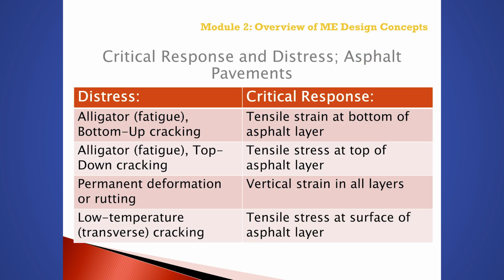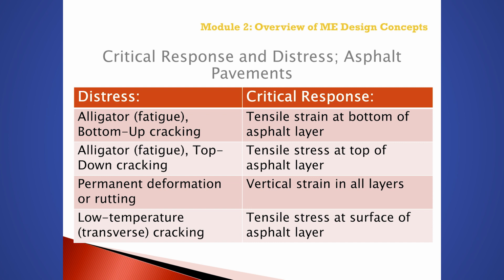In summary, the critical responses used to predict the distress for all types of flexible pavements are listed on this screen. Tensile strain at the bottom of the asphalt layer is used to predict bottom-up alligator fatigue cracks. Tensile stress at the top of the asphalt wearing surface is used to predict top-down alligator fatigue cracking.